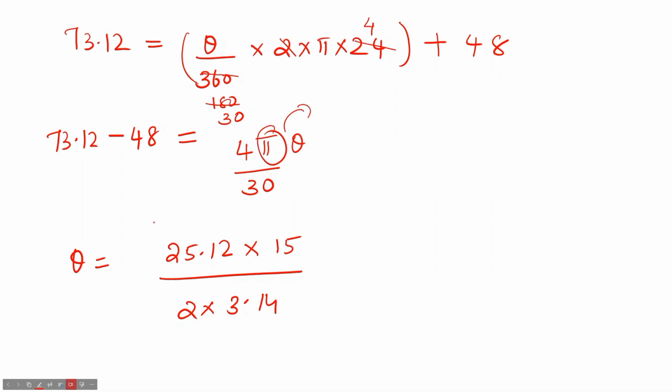Instead of pi, you can keep the value 3.14. So this is 2 and this is 15. When it comes 15 times 25.12 divided by 2 times 3.14, we will get 60 degrees.